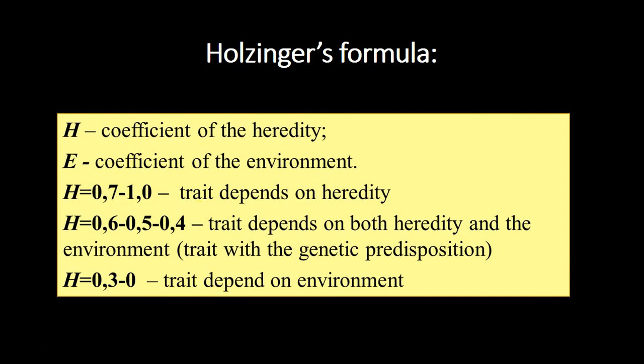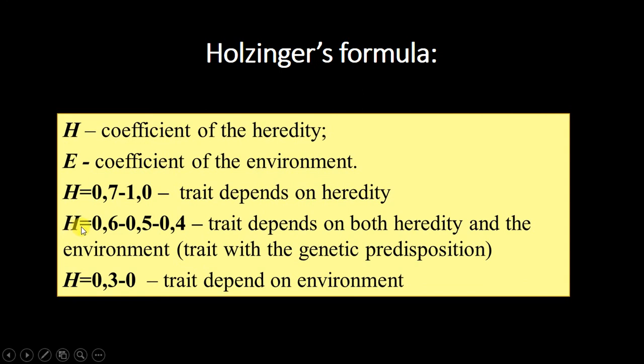What conclusion can be drawn on the basis of this formula? If the coefficient H is equal to 0.7 to 1, the trait depends on heredity only; environmental factors cannot determine this trait.